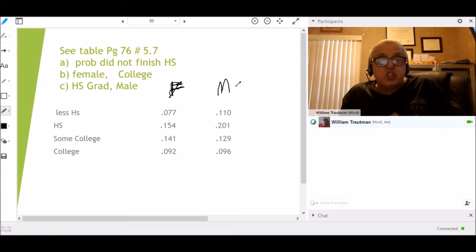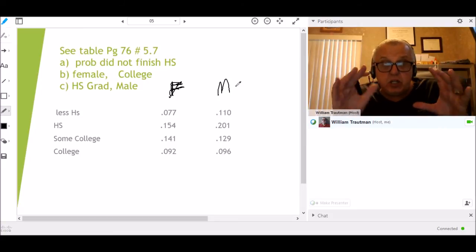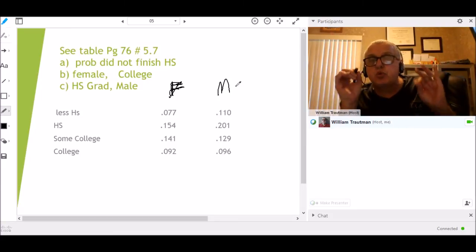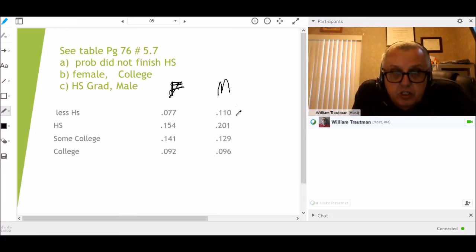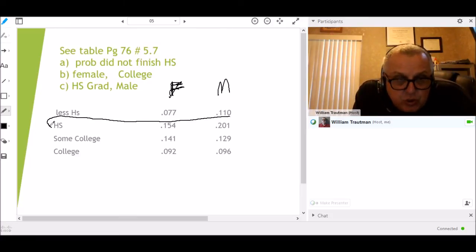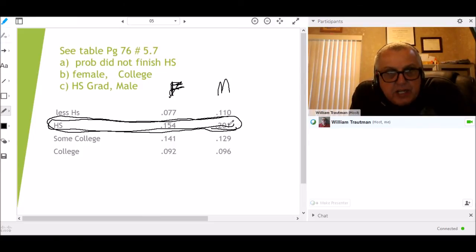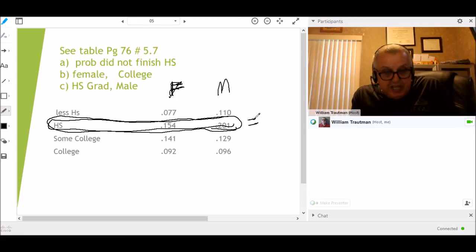By the way, all of these people are unemployed. But if an unemployed high school graduate, we're just looking at the high school graduates, just like in the last problem we were just looking at the females.